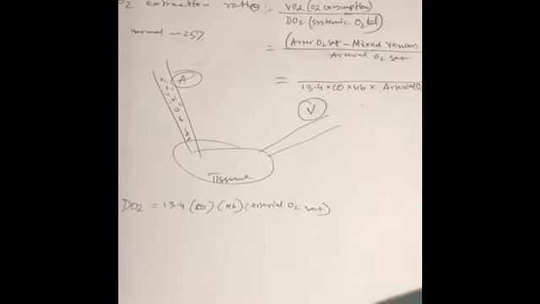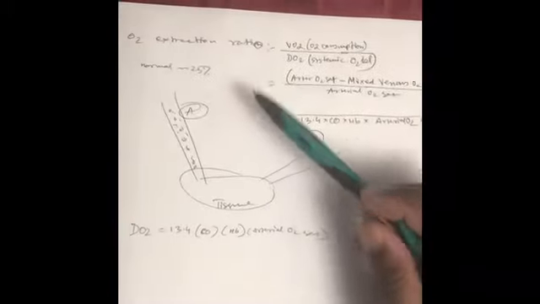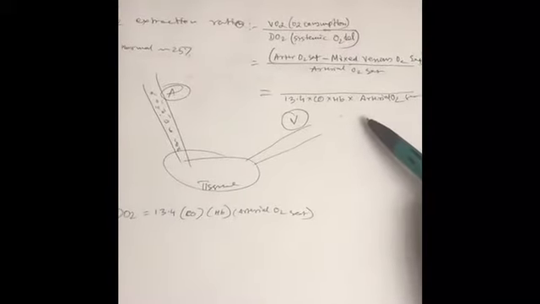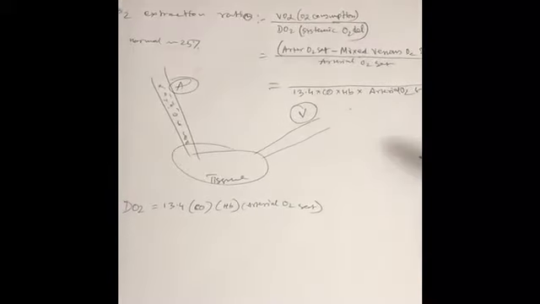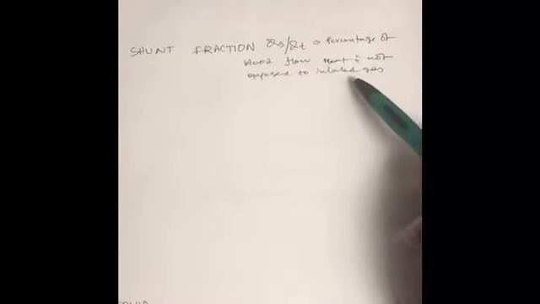So this formula is important to maintain the oxygen extraction ratio as well as to optimize your ventilatory support. The other term I already discussed is shunt fraction, meaning again the percentage of blood flow that is not exposed to inhaled gas.